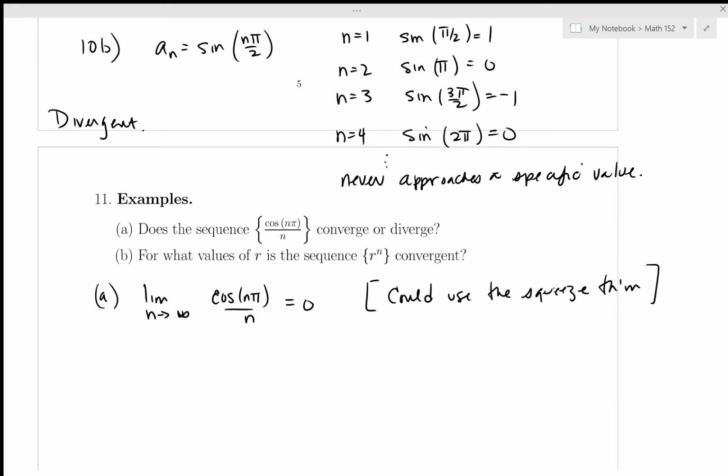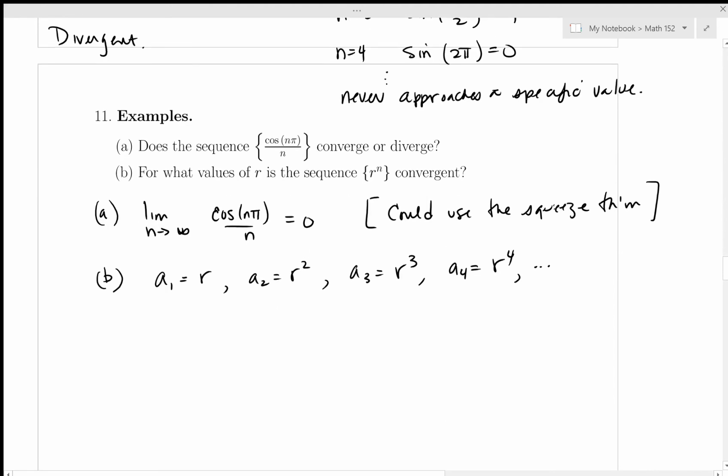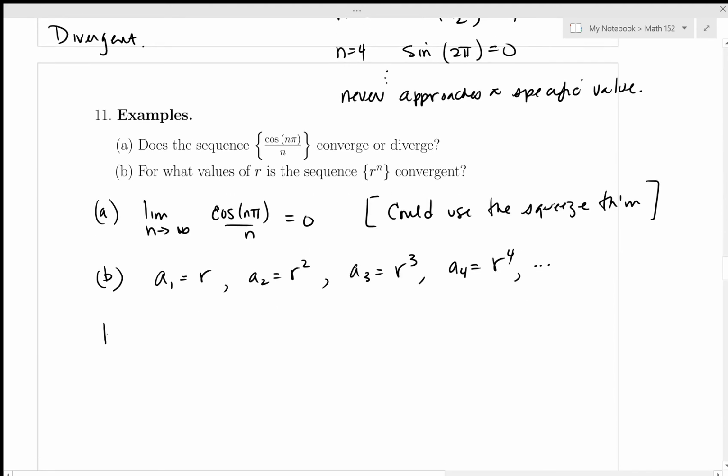All right, B. For what values of R is this sequence convergent? The things we're talking about look like this. A1 is R. This is the list of numbers. A2 is R squared. A3 is R cubed. A4 is R to the 4, etc. We want to see what the limit as n goes to infinity of R to the n is, and that limit depends on the value of R. Let's work out the cases.